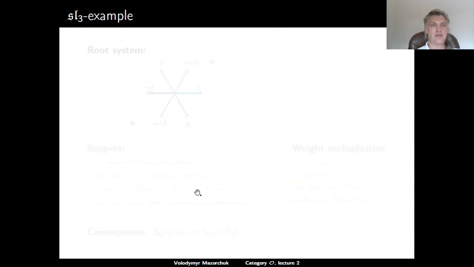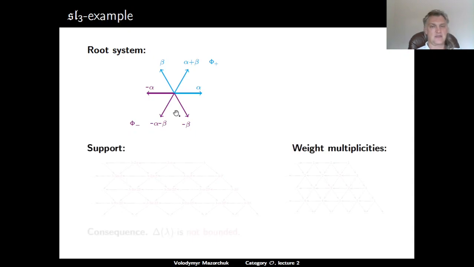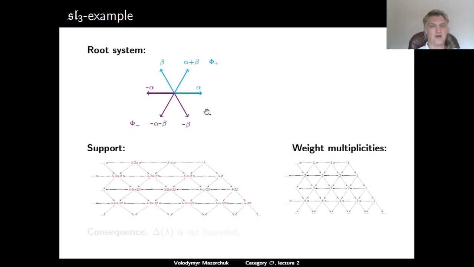It will be more complicated for sl3. So here is a root system for sl3. We have 6 roots, 3 positive roots, α, β, and α + β, and 3 negative roots, −α, −β, and −α − β. So the support of the Verma module M(λ) then looks as follows.